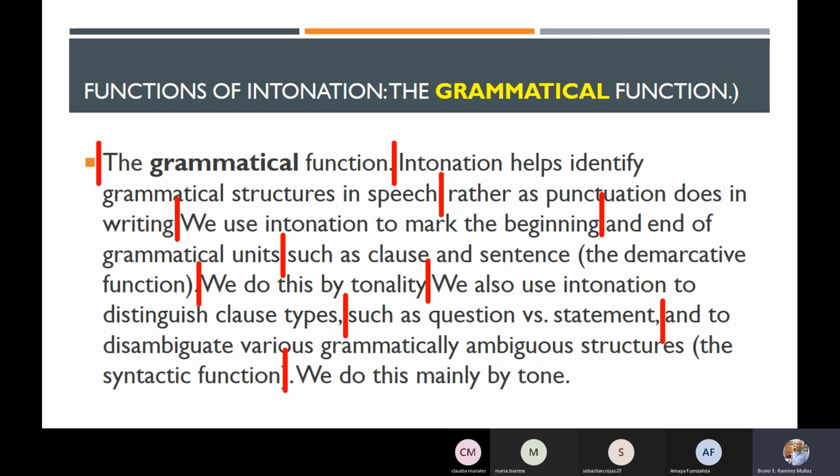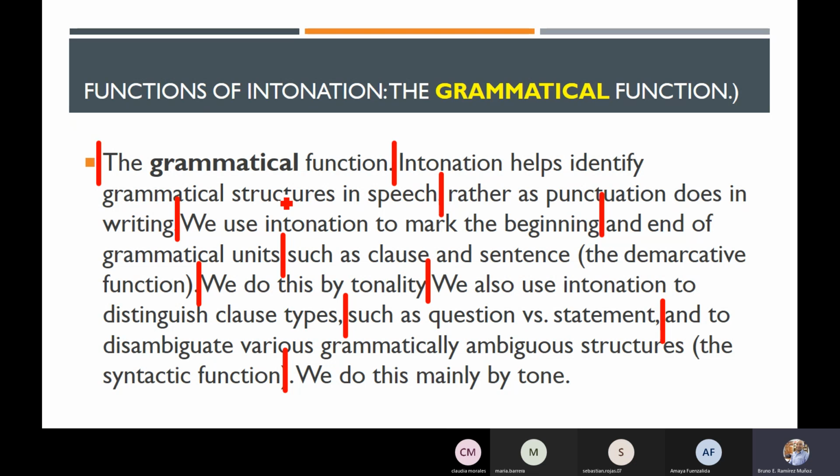So the grammatical function is connected with punctuation. We mark the beginning of a structure, and we signal also when a structure is ending. Right? Just like when you're writing a paragraph and you're using a comma, for example, to say that you're listing.